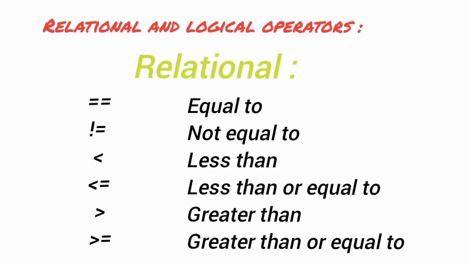And relational operators are: double equals, equal to. Exclamation mark equals, not equal to. Less than sign, less than. Less than or equal to sign, less than or equal to. Greater than sign, greater than. Greater than or equal to sign, greater than or equal to.